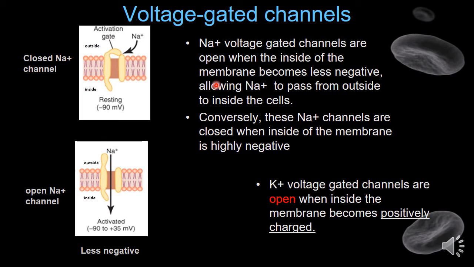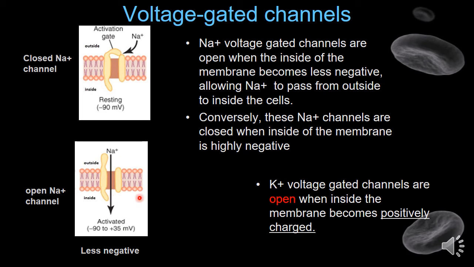For sodium voltage gated channels, they are closed when the resting membrane potential is highly negative, as you can see, minus 90 millivolt. And they are activated and the gates are opened when negativity is decreased, here from less than minus 90 to plus 35.